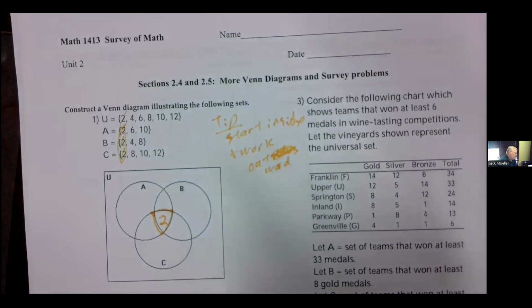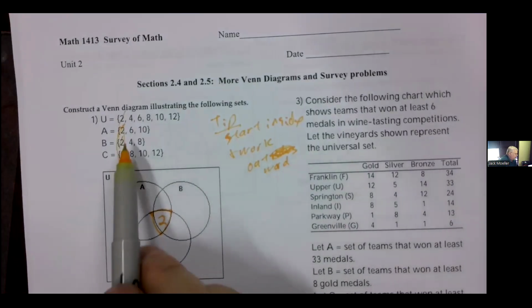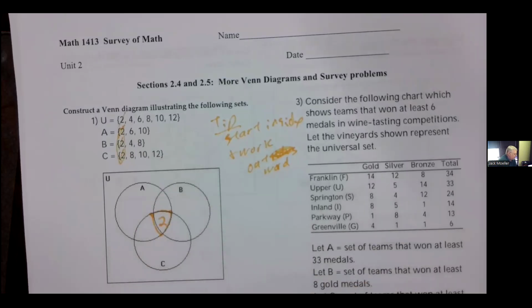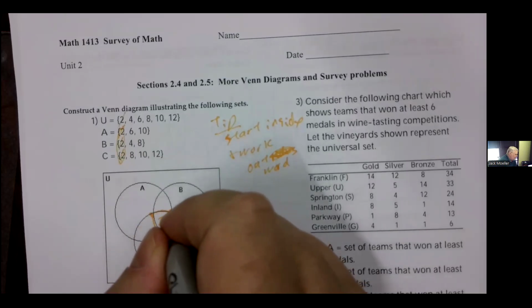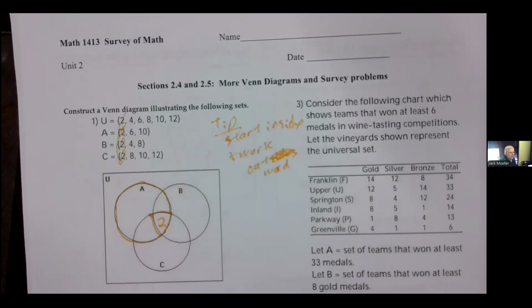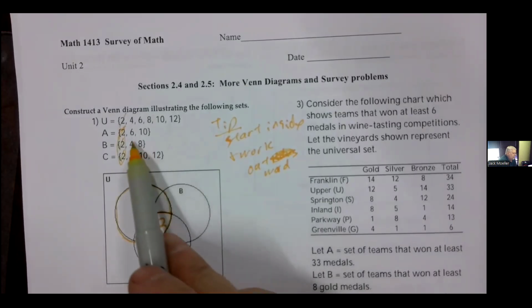All right. Now let's start with A. So we have 6 and 10. What is A? Well, A is this entire circle. There are 4 regions in circle A, or set A. So where do we put the 6 and the 10?